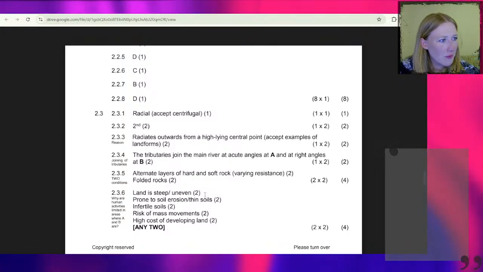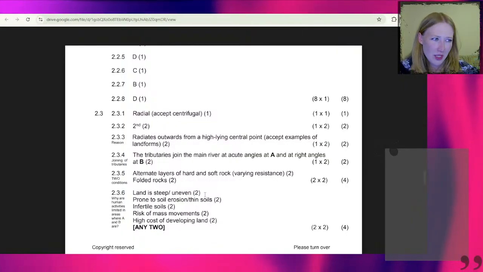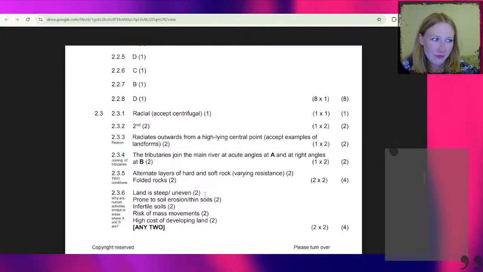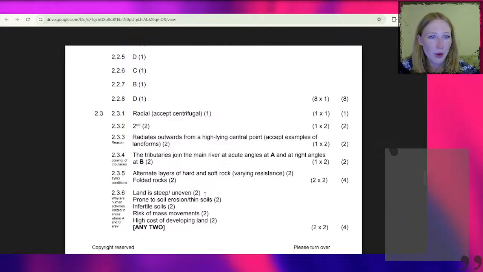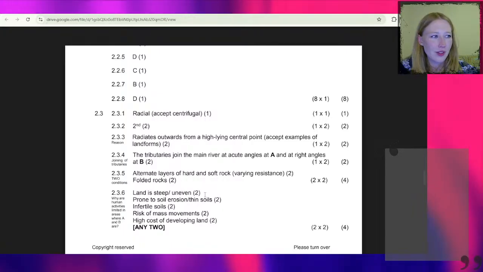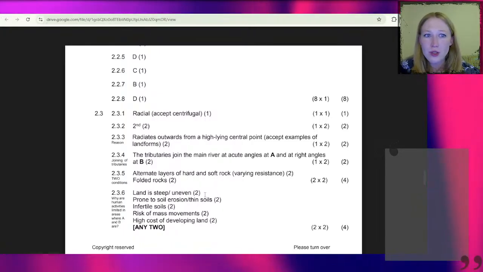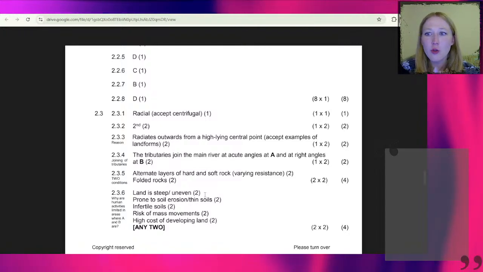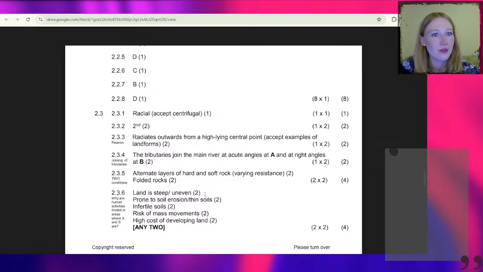I feel like all of those apply to A, but I don't really see anything relating to B. But it does seem like it's related to the actual topography more than the rivers. So they're talking about the soil, the landscape. It's not really the rivers, it's more what caused the rivers to be this shape and how that same cause would influence human activity.